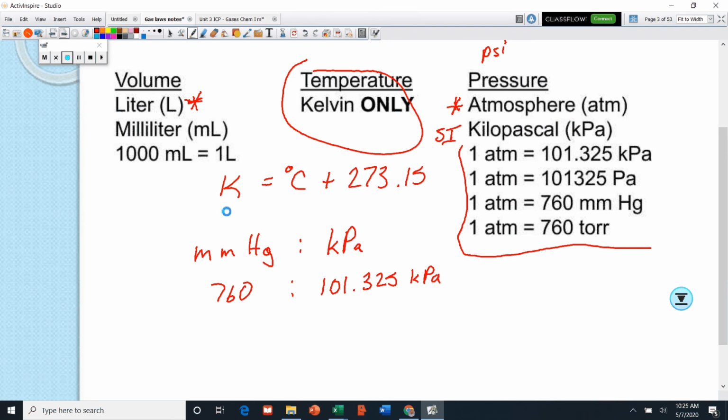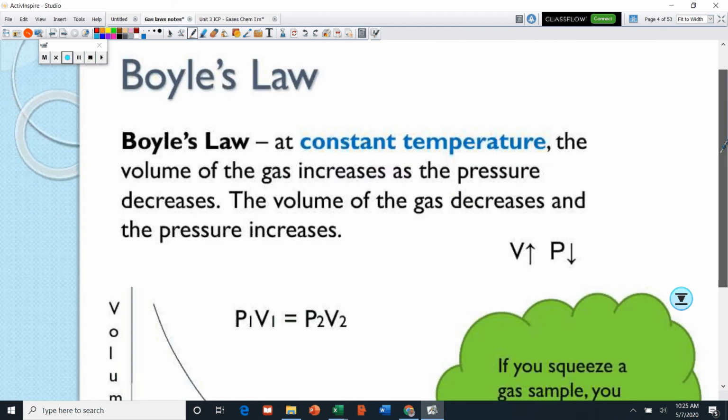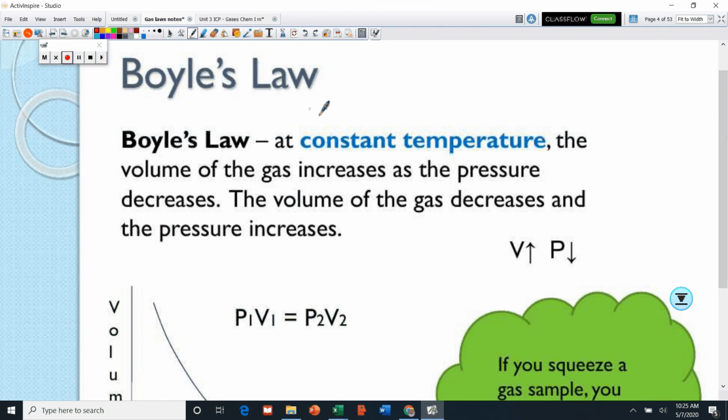All right, so jumping into Boyle's law. Here's the statement for Boyle's law. Boyle's law states that at constant temperature, so when we're dealing with Boyle's law, temperature does not change. All right.